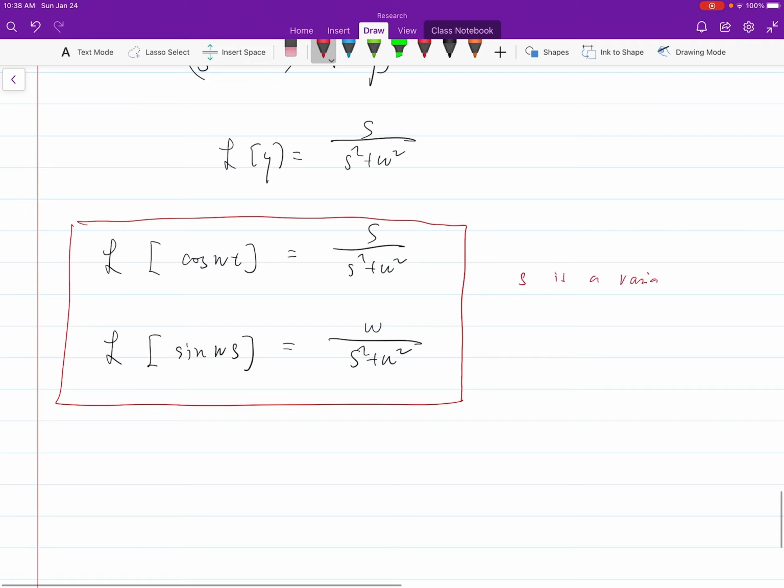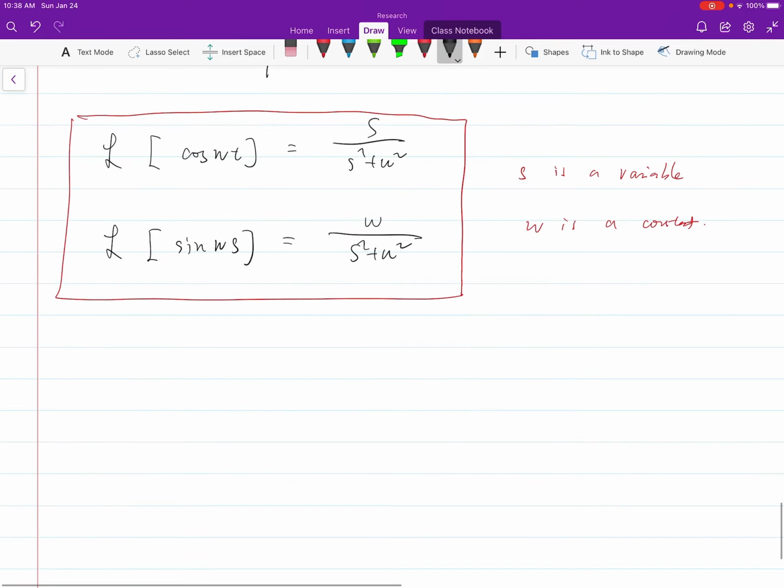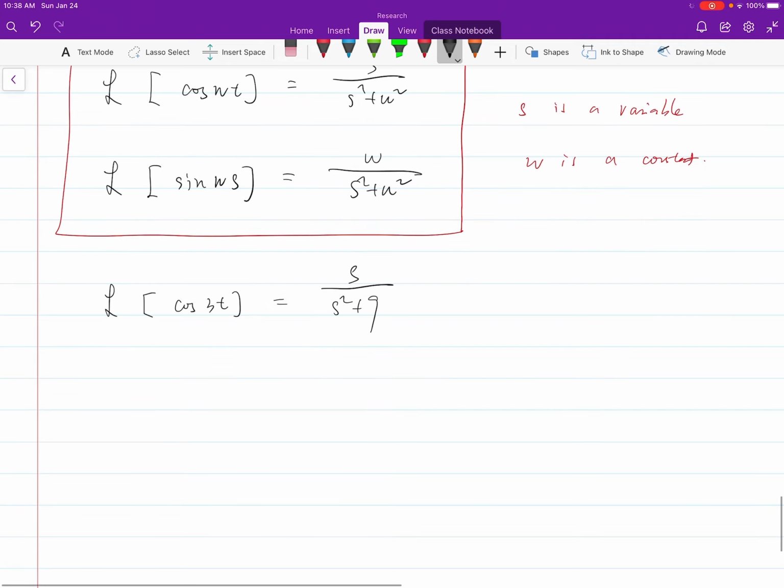It's almost like x, and omega is a constant. So what you should really see is something like this. Okay, and L sine 4t is going to be 4 over s squared plus 16.